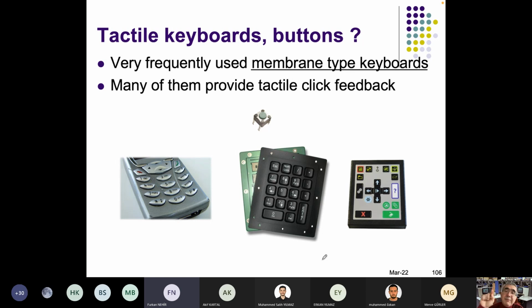They believe what they press, and if they hold their finger a little long, that may cause an error. That's because of the feedback.